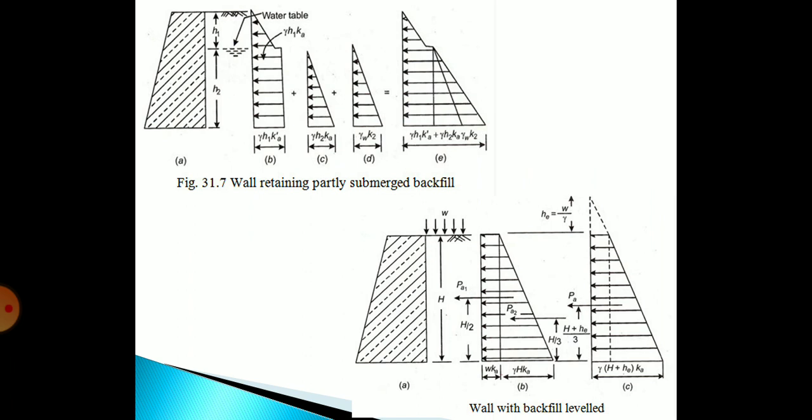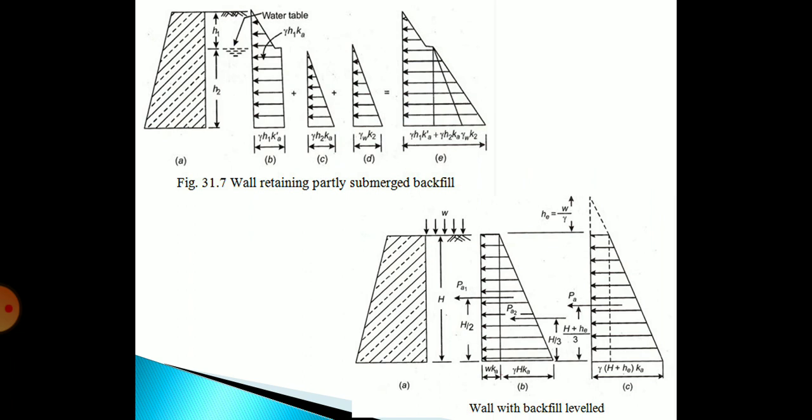So the water level is up to height H2 only. Due to that there will be three pressure diagrams. Diagram B indicates the pressure diagram due to dry soil, that means due to soil provided up to H1 height. The base of that pressure diagram will be equal to Ka dash gamma H1.